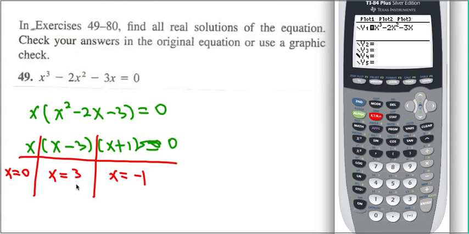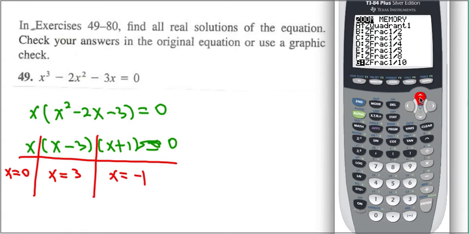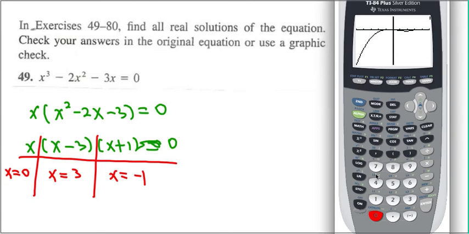Since I want to see the values around 0, 3, and negative 1, I'm going to set the window as negative 5 to 5. And then zoom fit. That tells us, oh, 0 right over here. And then obviously these are the values.